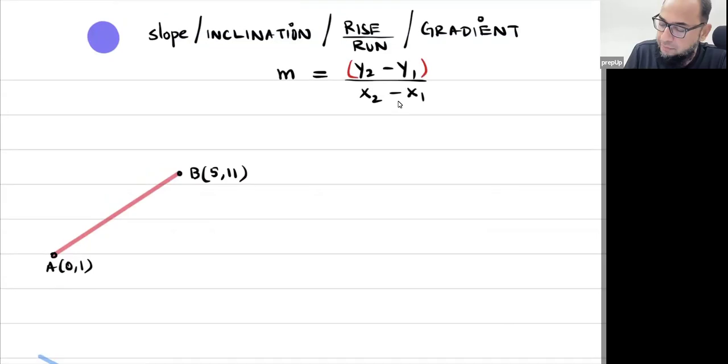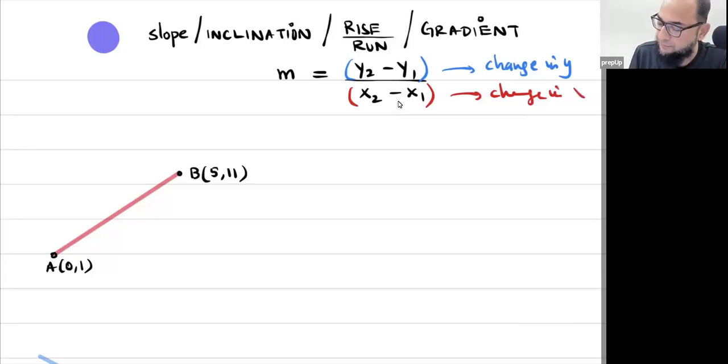This red one, actually blue one, because we use the blue color for the height, that is change in y. And this red one, that is change in x. y2 minus y1 over x2 minus x1.